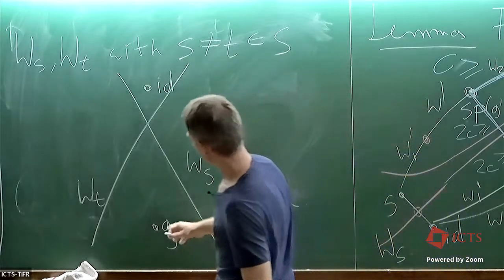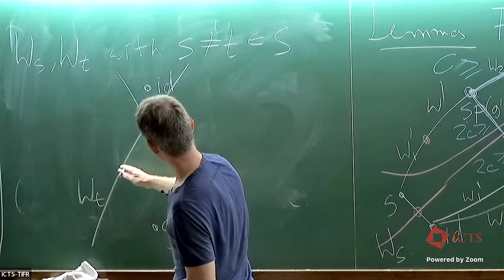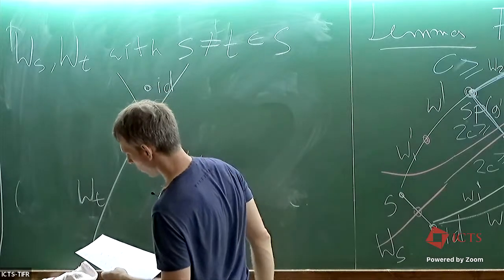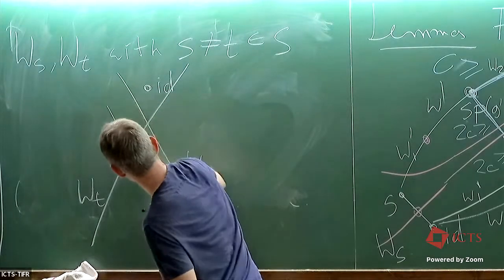And suppose G is separated from one of these two walls, say from WS, by another wall.